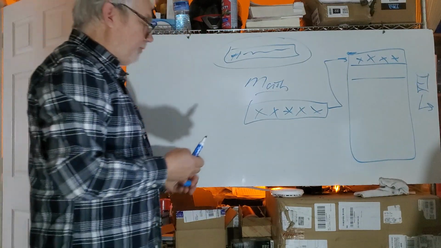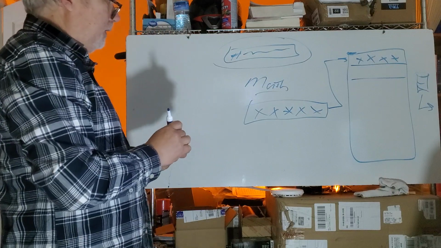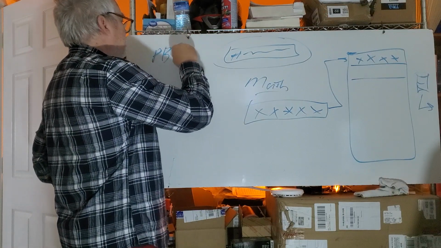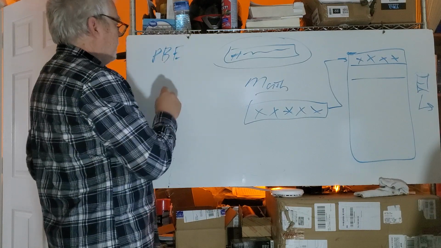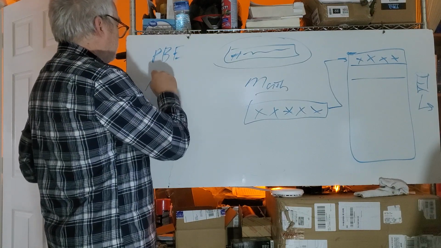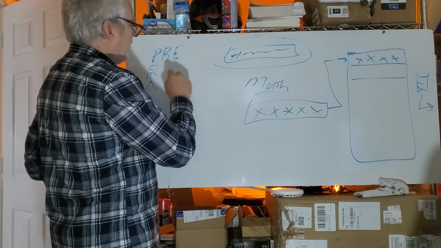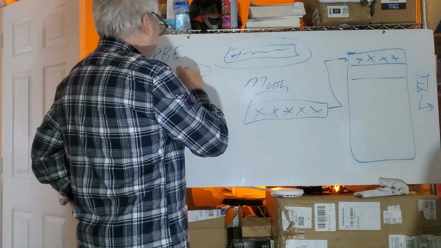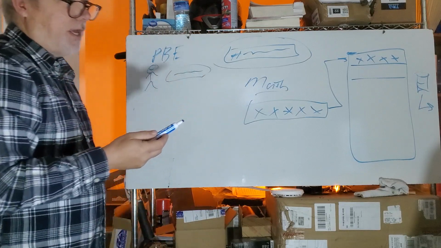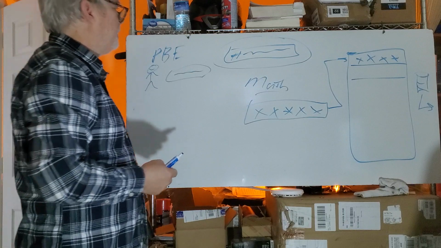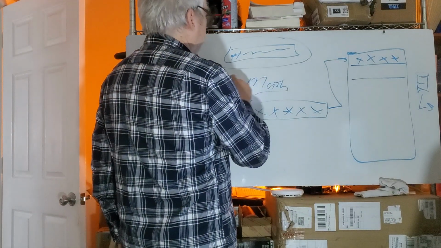So there's a concept called password-based encryption, which means a person will get a password, and he'll either enter it or it'll be assigned to him. But probably it's better if he enters it, and then you can use that as this key here.